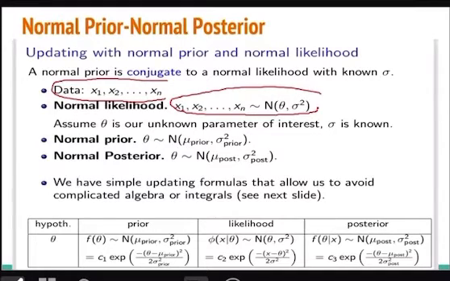We know the variance, but we don't know the mean price. Our theta that is unknown, the mean, is a parameter, is a random variable. Does that make sense?